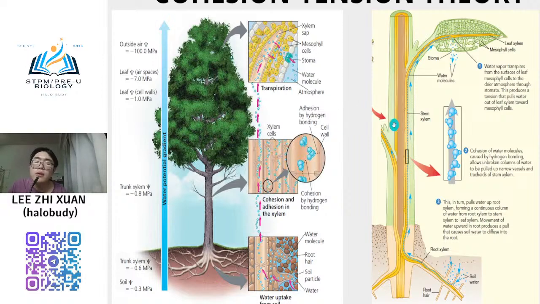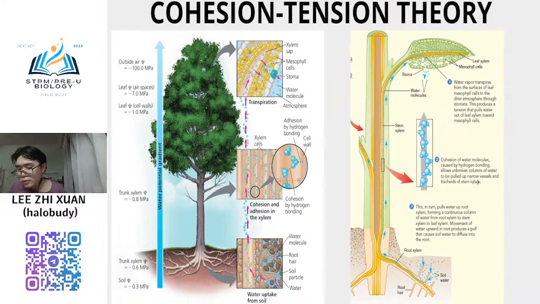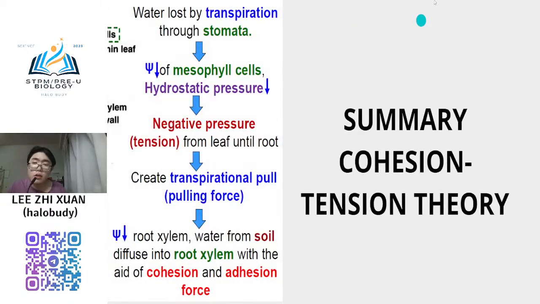Okay, so in summary, this is the summary of the transpiration process. Normally, the first step is that your water is lost by transpiration through the stomata. So the water potential inside your mesophyll cell is very low, and your hydrostatic pressure is also very low, so negative pressure will occur.